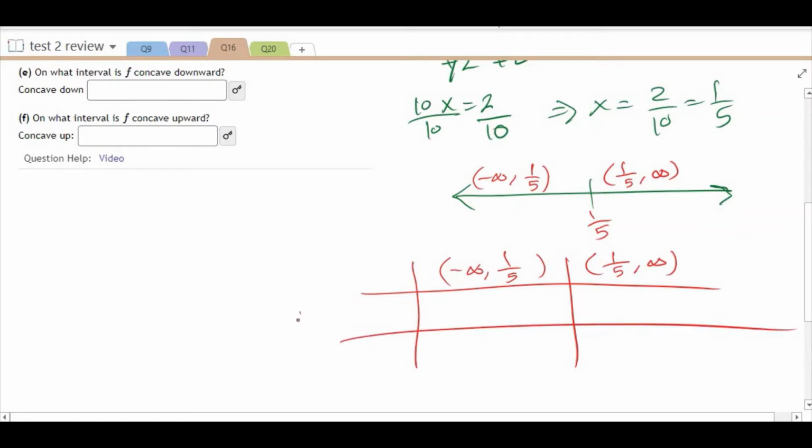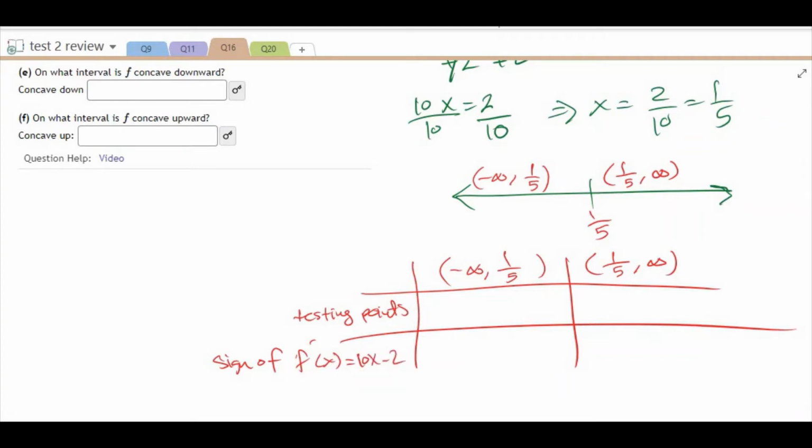Next, I will find testing points or values, and then I will find the sign of f prime of x, which is in our case 10x minus 2. So I'm going to choose the points. The first point that I can choose from negative infinity to 1/5 is 0.